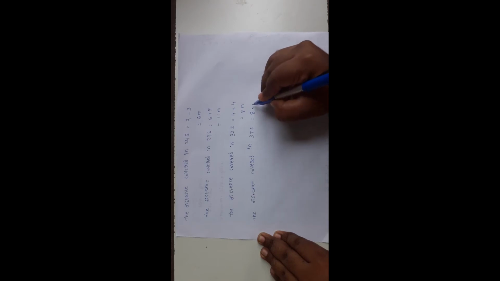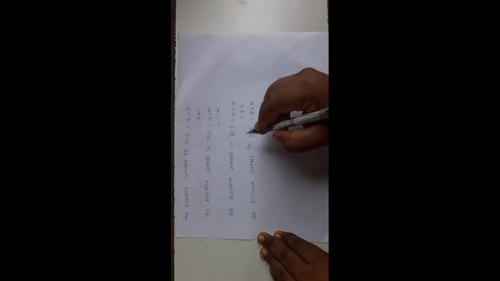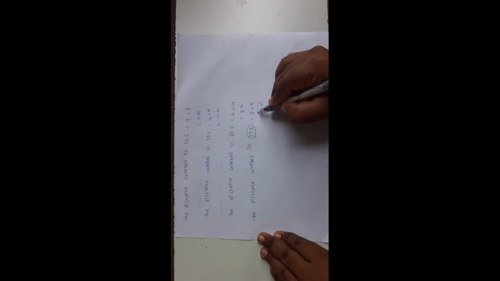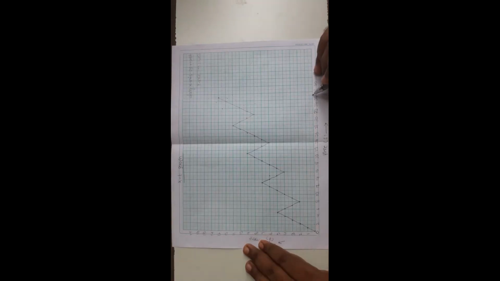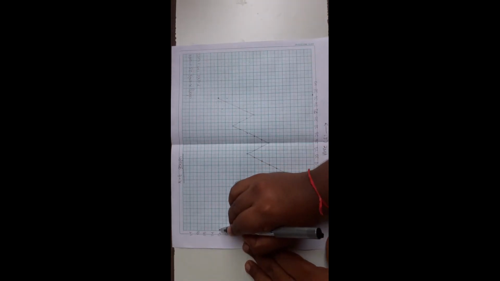In the next 5 seconds, 5 steps forward direction, plus 5 meter. 8 plus 5, 13 meter. So in 37 seconds, how much distance travels? 13 meter. So observe here, this is the 37 seconds.